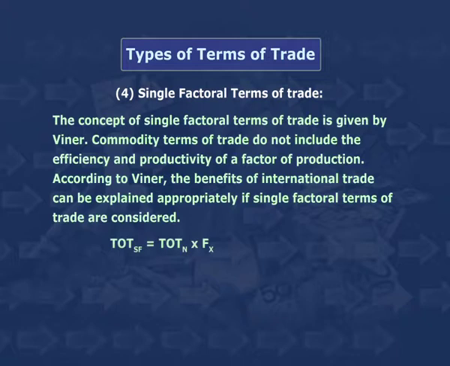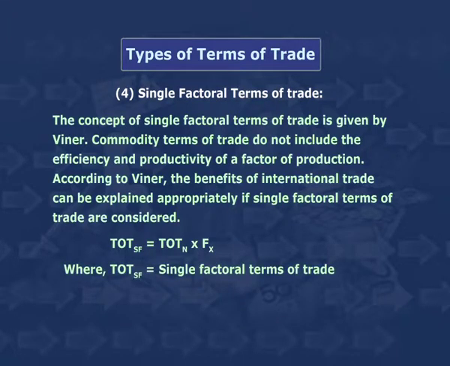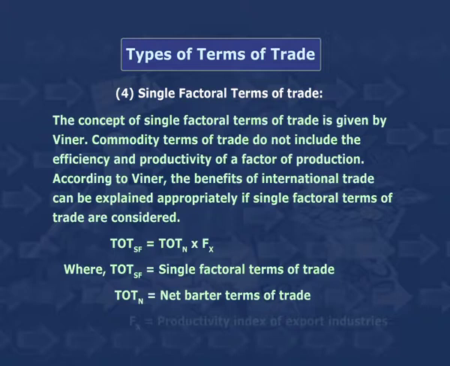Its equation looks like TOT-SF equals TOT-N into Fx, where TOT-SF is single factorial terms of trade, TOT-N is net barter terms of trade and Fx is the productivity index of export industries.